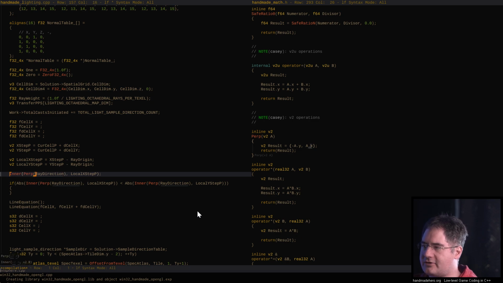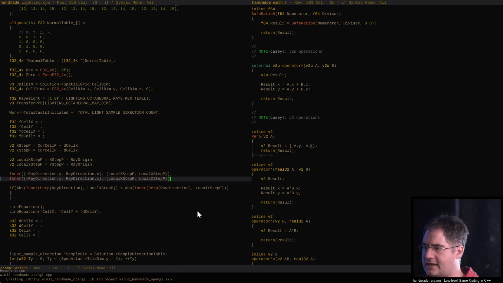So the ray direction in this case, we're actually doing an inner product not quite with ray direction, but rather with negative ray direction y, ray direction x, right? That's the actual vector that we're using here, and then local step x, the one that we're producing here, like so. We're doing an inner product between those two things.